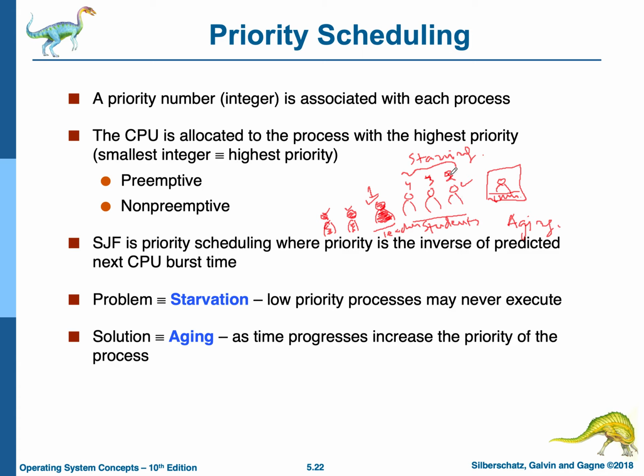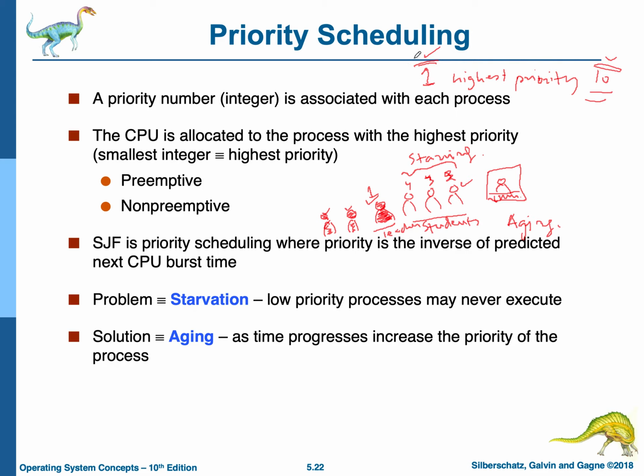Typically, the smaller the integer, the higher the priority. For suppose if we compare between 1 and 10, then 1 is the highest priority, 10 is the lowest priority.